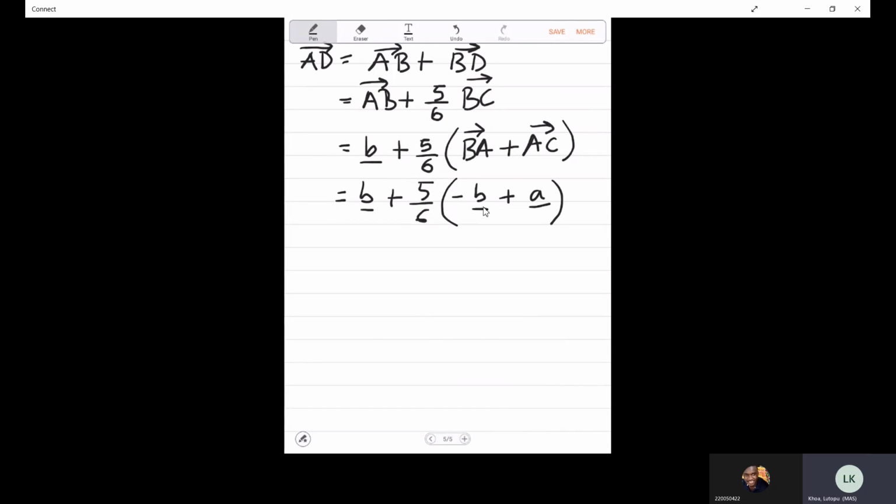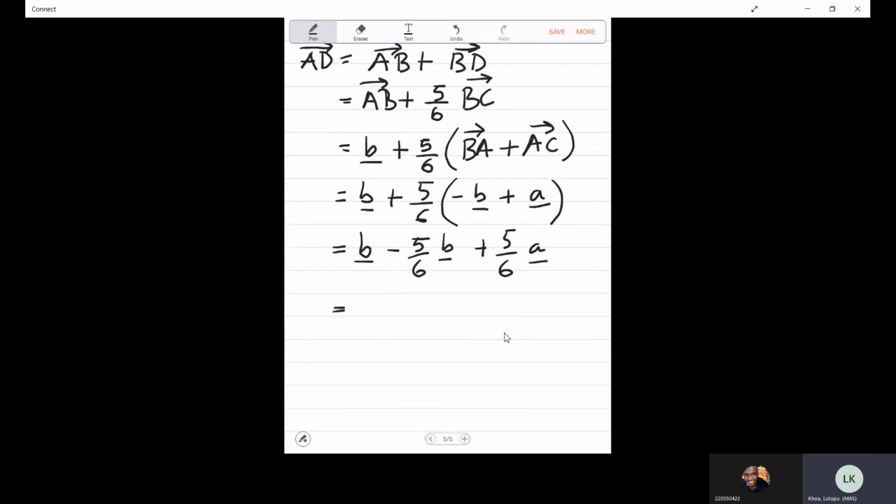Then this 5/6, you multiply it in. So you have B over here minus 5/6B plus 5/6A. Okay, so you collect your B's and your A's.